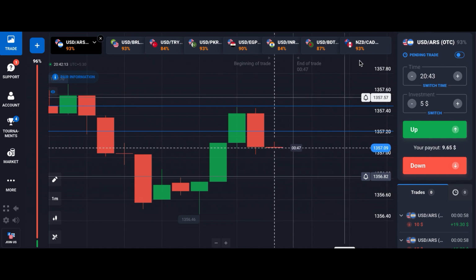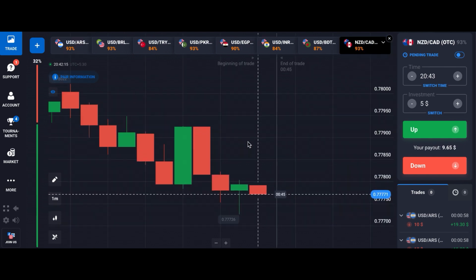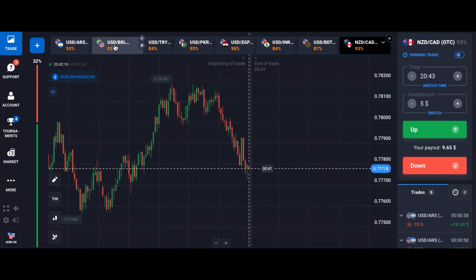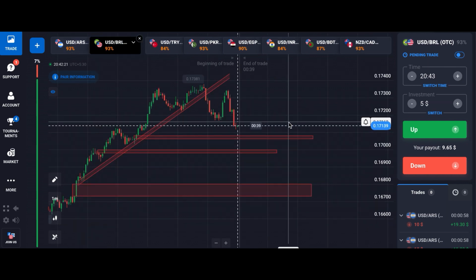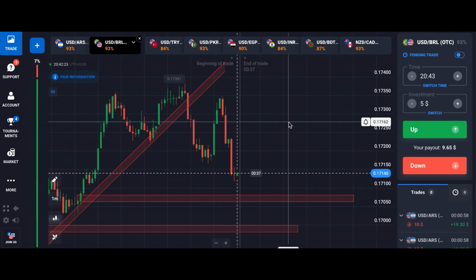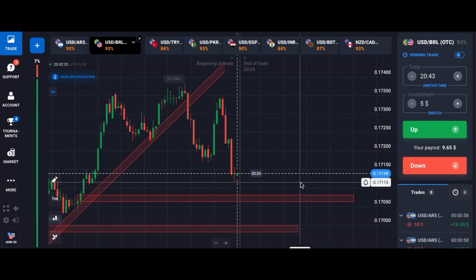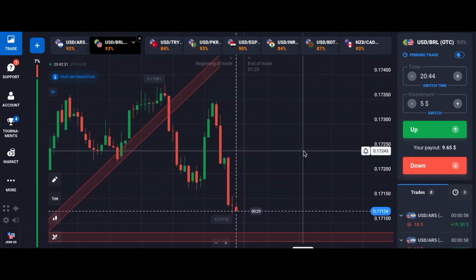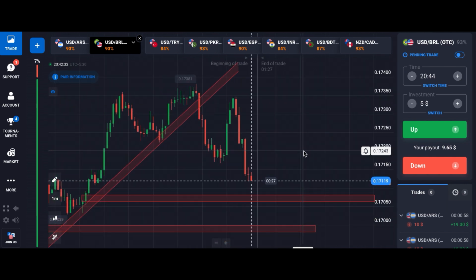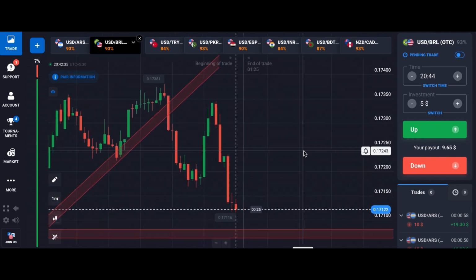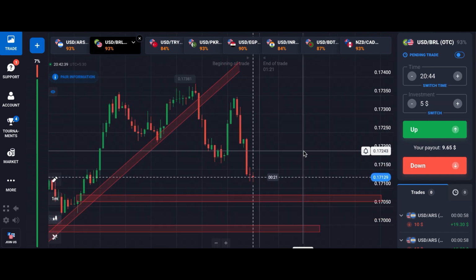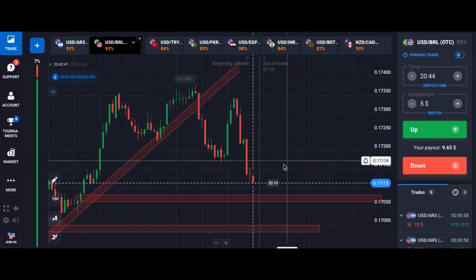Now let's go to another one to find an opportunity. Now this is our target, and here the candle is getting rejection. So let's see how this candle is going to behave.